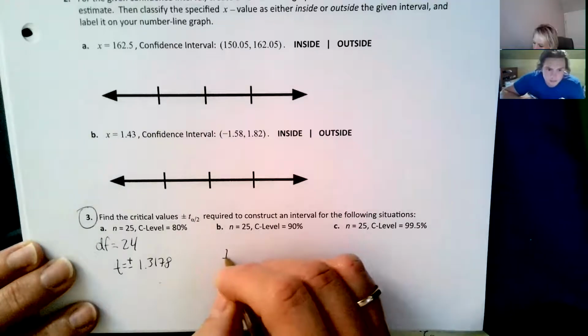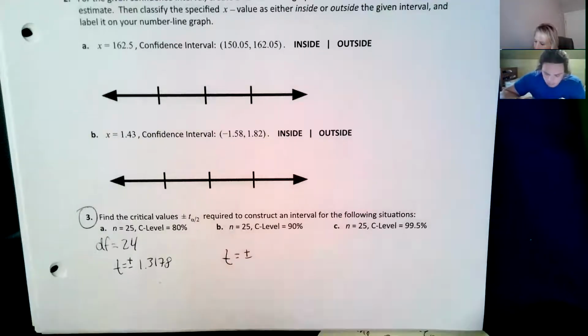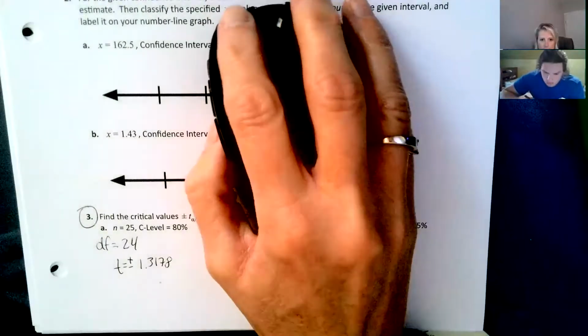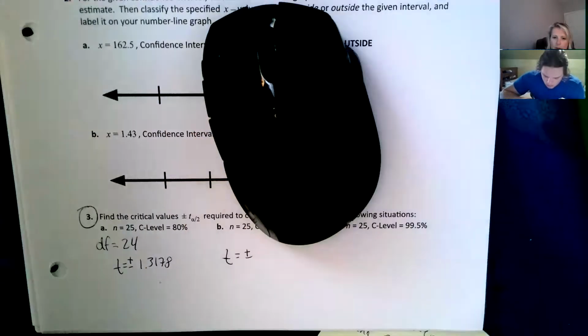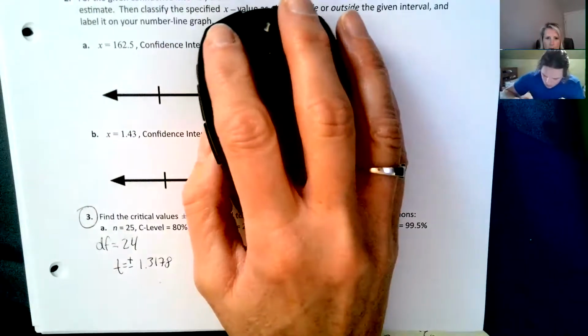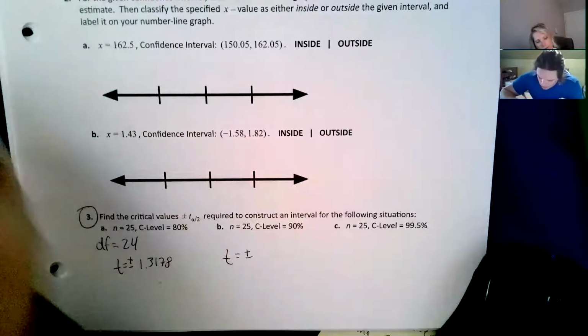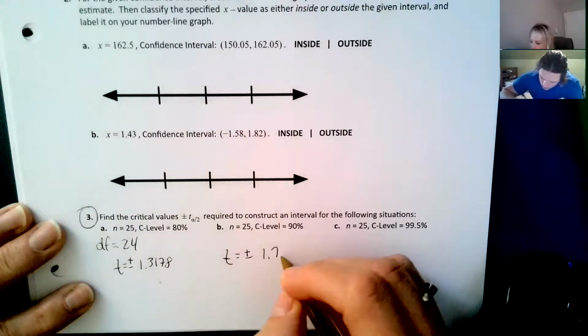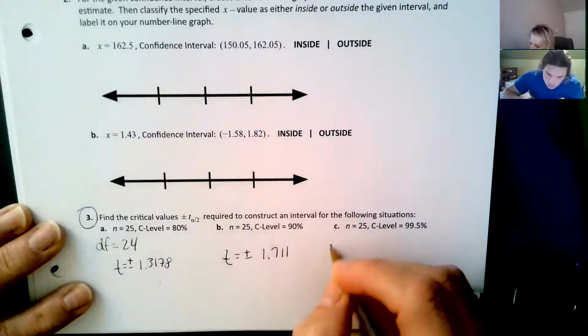And then on B, we have the same degrees of freedom, but this time our confidence level is 90. So we're keeping the sample size the same, but we're going to have a bigger confidence. So we would expect our red area to be bigger, and it is plus or minus 1.711.